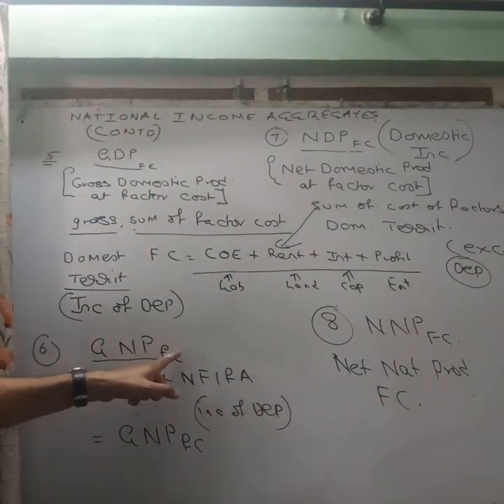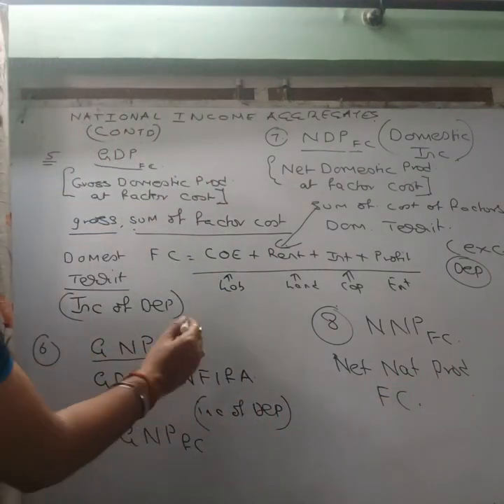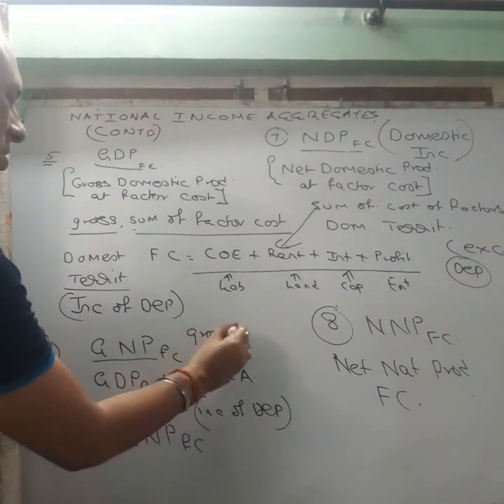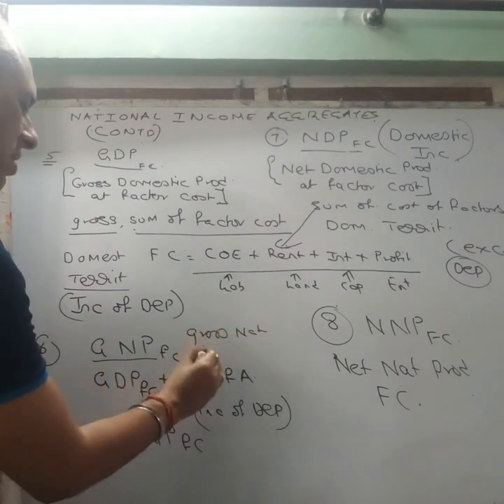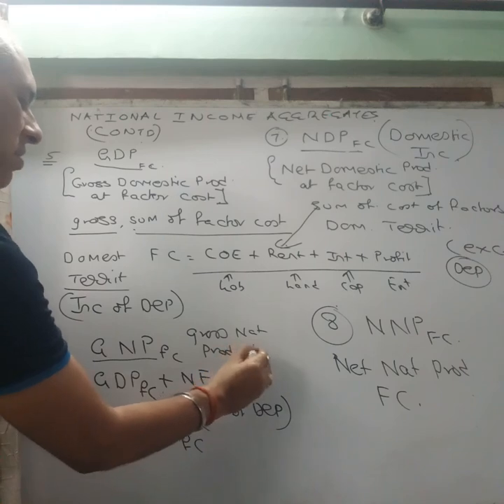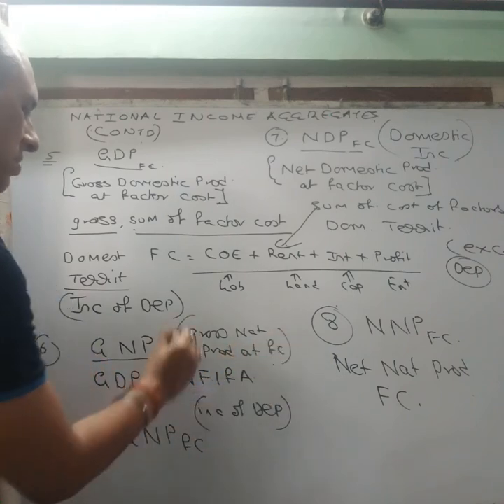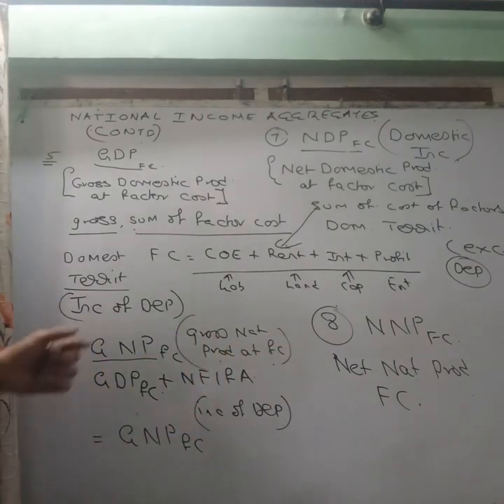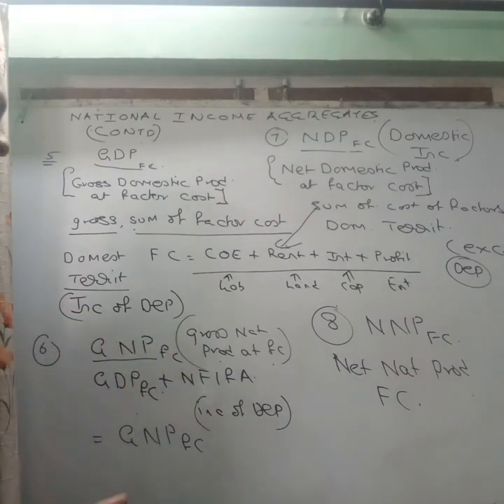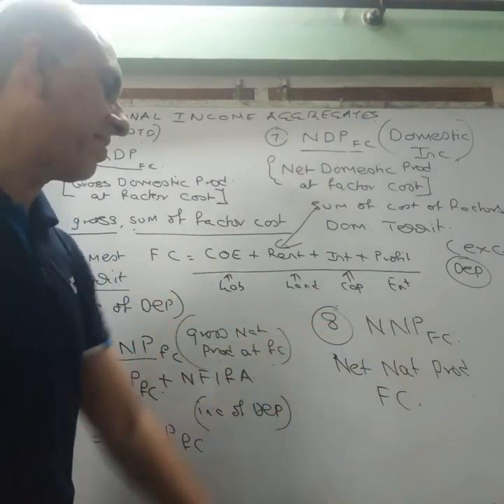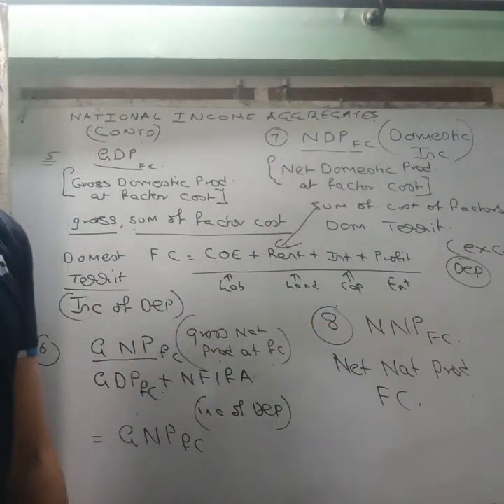What about the previous one I did not mention here, GNP? It is gross national product at factor cost. So just remember the full form of the abbreviations which we have used. National income, important abbreviations.